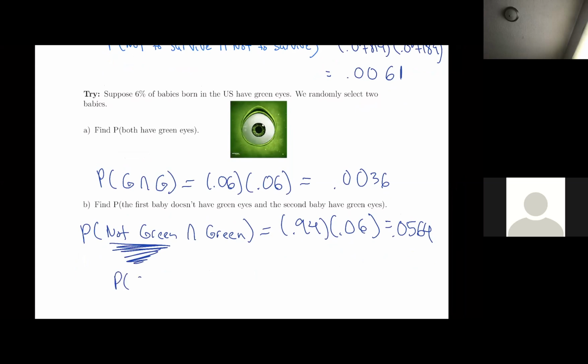If you know the probability they have green eyes is 0.06, the probability they don't have green eyes is equal to 1 minus 0.06, which gives you 0.94. They're two mutually exclusive events, because either the baby has green eyes or doesn't. So 0.06 is the probability they have green eyes, and 0.94 is the probability they don't.